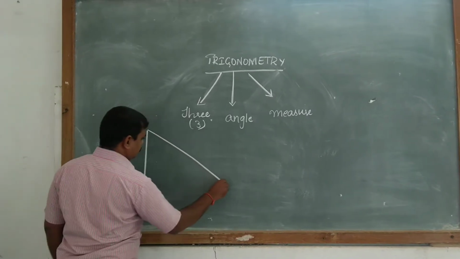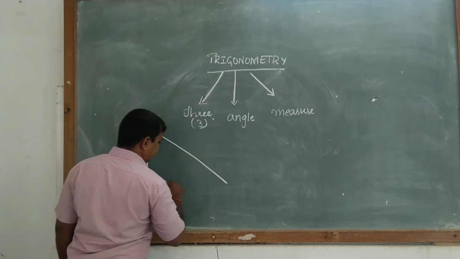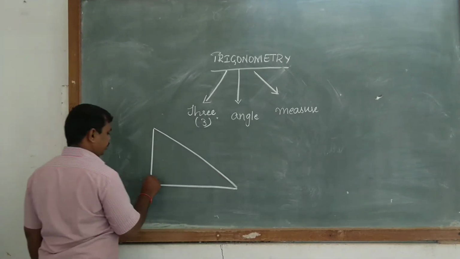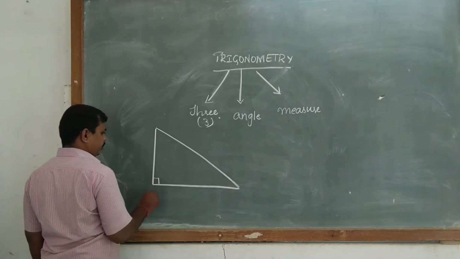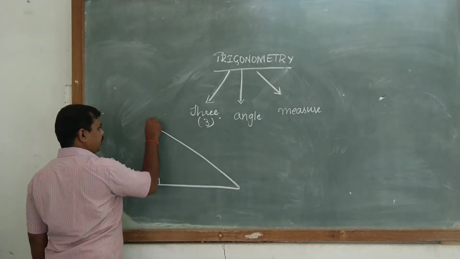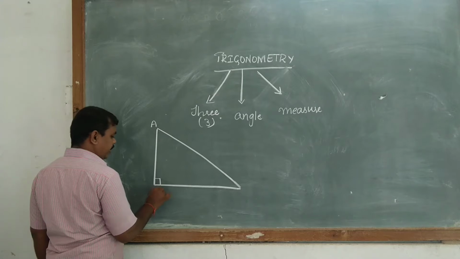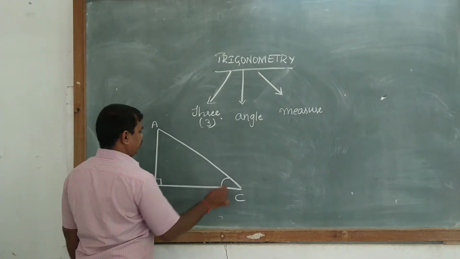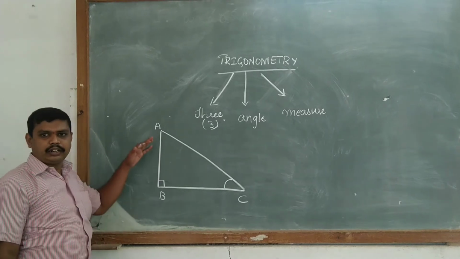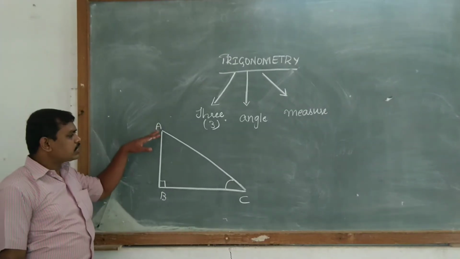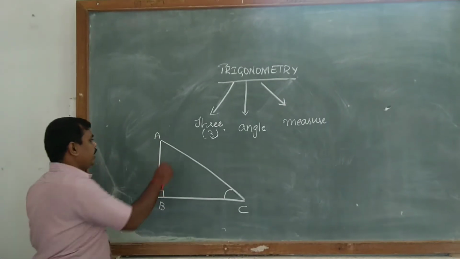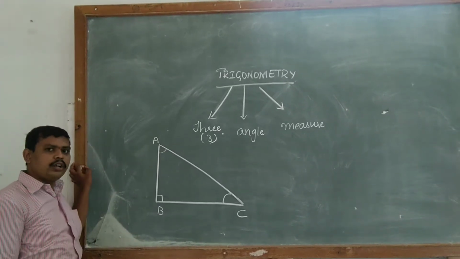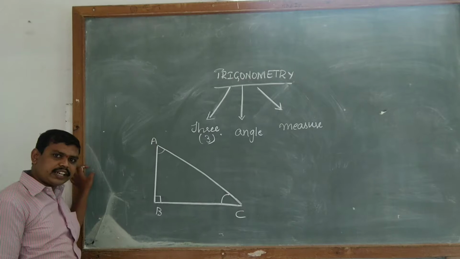Students, this is a right angle triangle where this is A, this is B, and this is C. Imagine this is a right angle triangle. This triangle will have 3 sides here. Okay students, what are the 3 sides here?